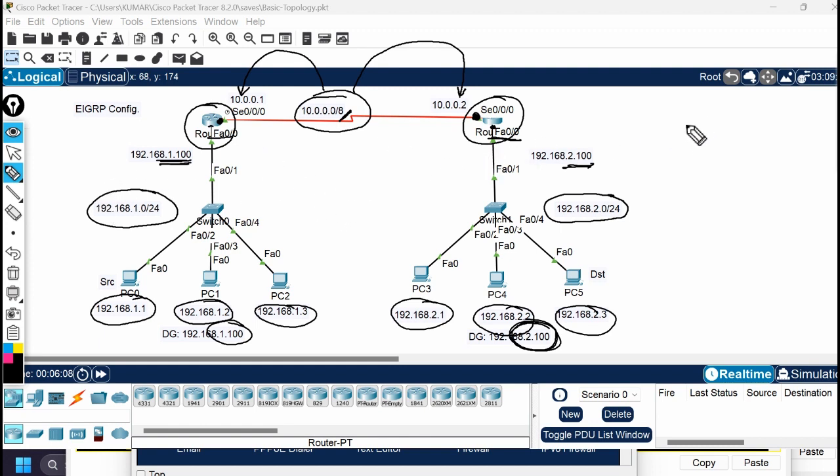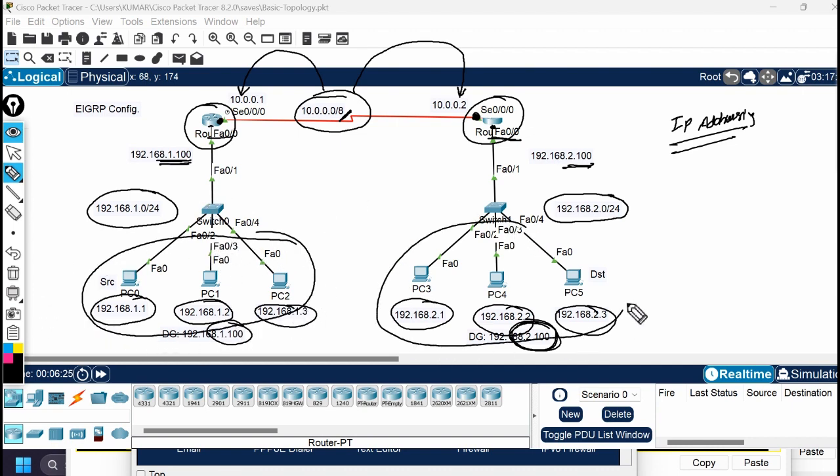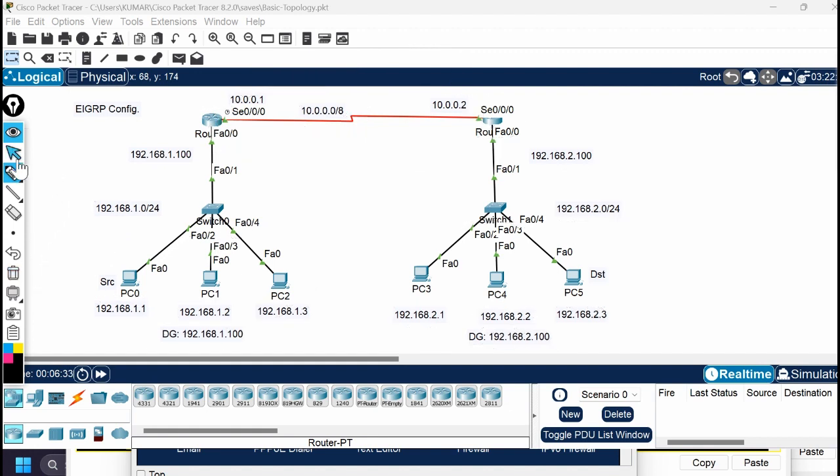The complete IP addressing is already done in this topology, as we have done in our basic one. IP addresses have been configured, and also between the routers the IP addresses are already configured. That means we just need to go ahead and configure the routing protocols.